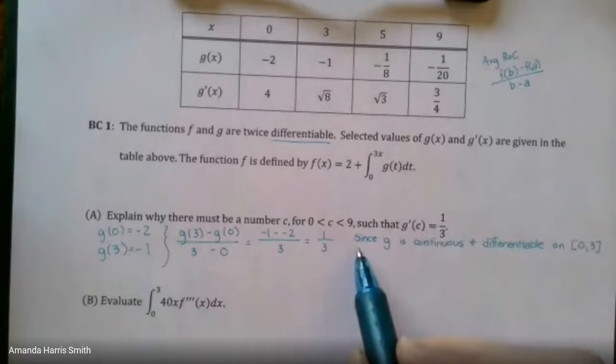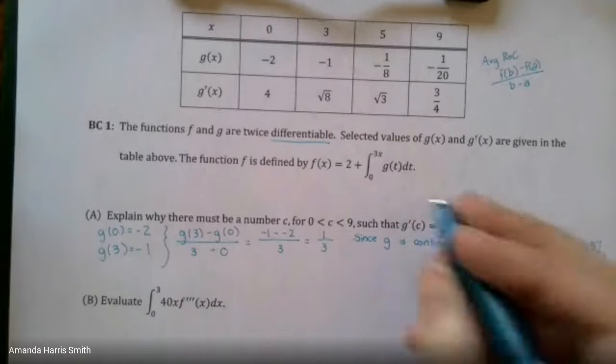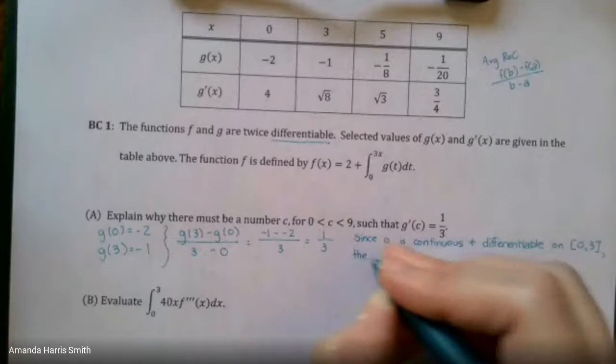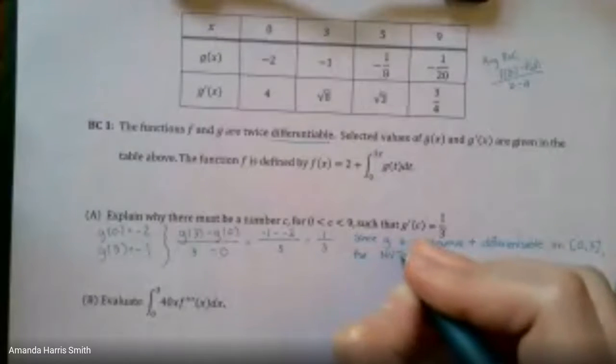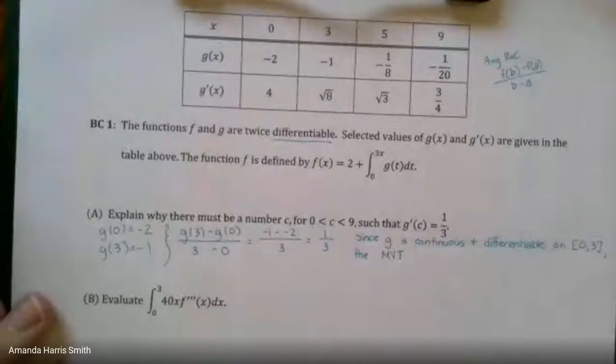Okay, so that's not a complete sentence because I'm not done. Since G is continuous and differentiable on the closed interval from 0 to 3, the MVT, and you don't have to write out the words, MVT is an understood acronym on the AP Calc exams, so that's fine.